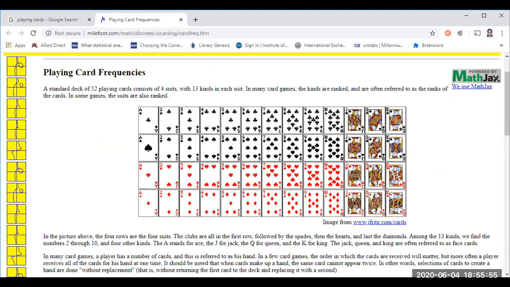How many heart cards are there? I told you there are 13 in each suit. So there are 13 here, 13 here, 13 with the next suit, and 13 with diamonds.